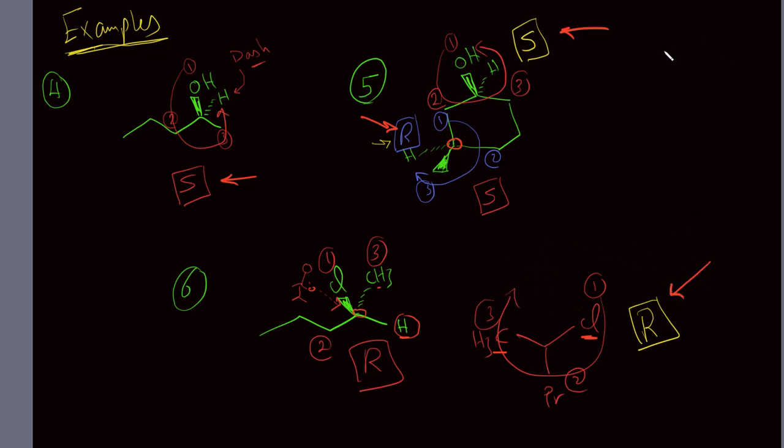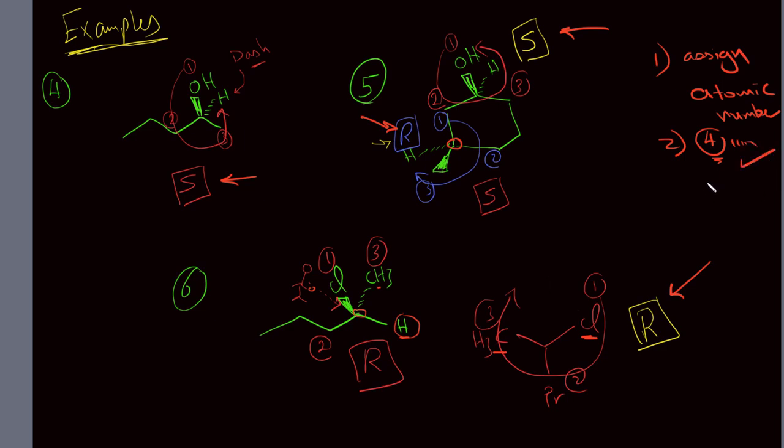So remember, the first thing you do, you assign priorities based on atomic number. If your number 4, the lowest priority, is pointing away from you on a dash, perfect.